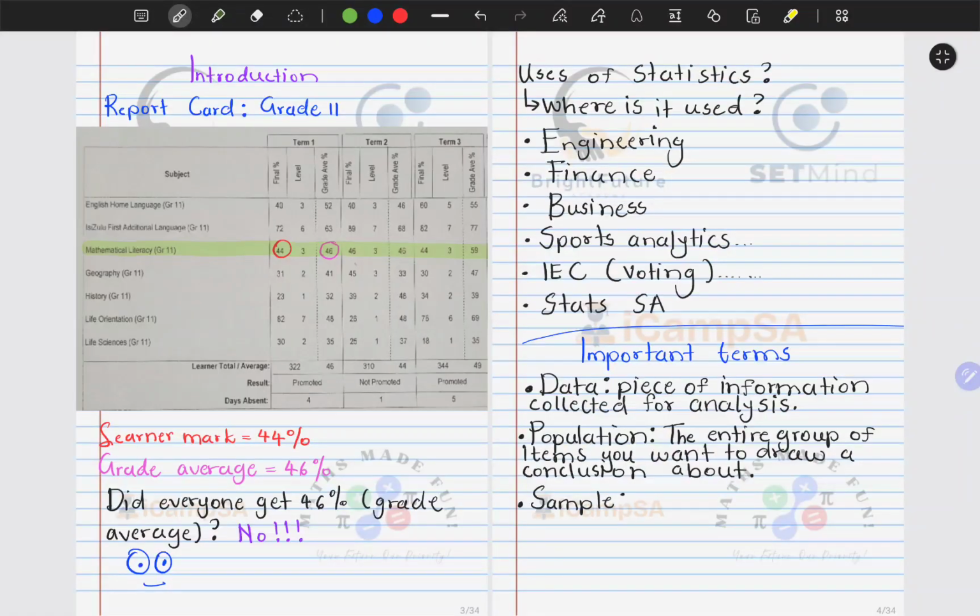Another important term that we need to distinguish is sample. Many people usually confuse sample and population, but a sample is a subset of the population, meaning we are taking a small portion that will be representative of the entire population in order for us to make conclusions. So it's a smaller representative subset of the population to conduct the actual study.